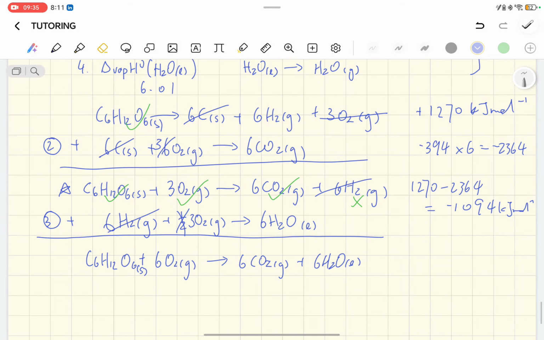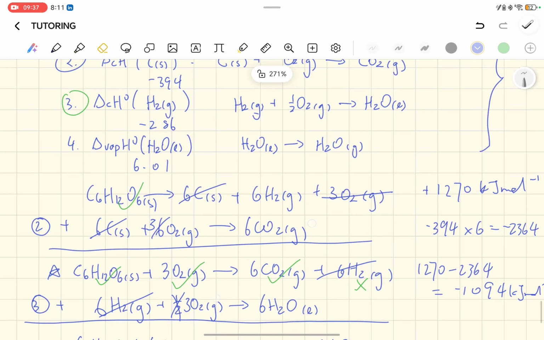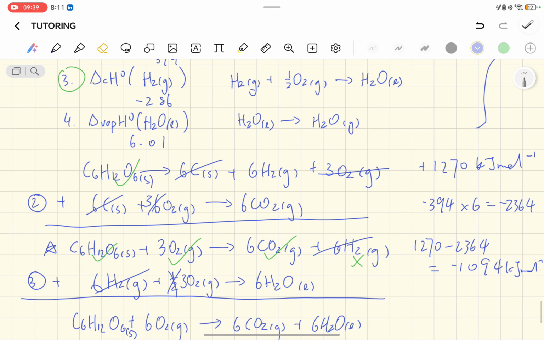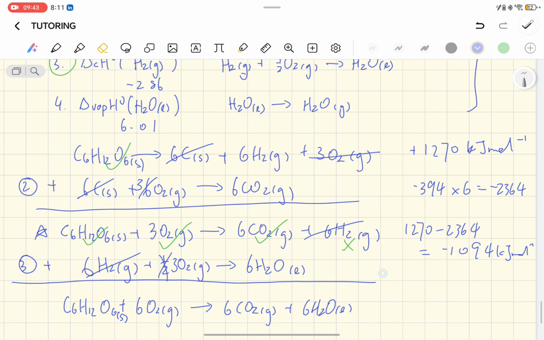And this, let's look at reaction 3, has an enthalpy change of -286, and I'm going to multiply this by 6 because we multiplied this reaction by 6 times. So we get 6 times negative 286 equals negative 1716.